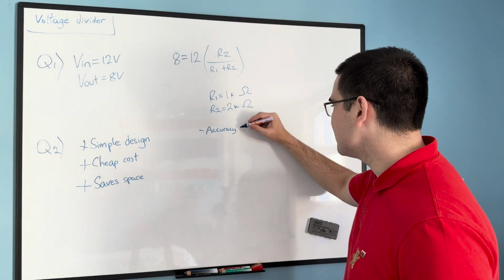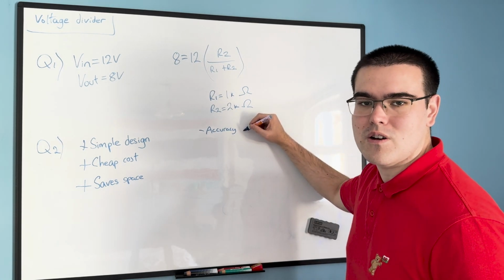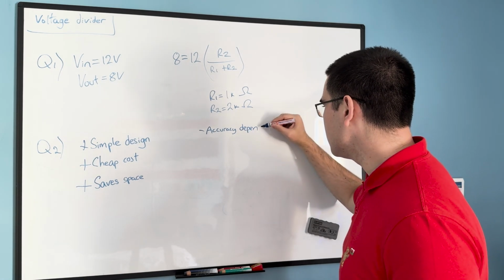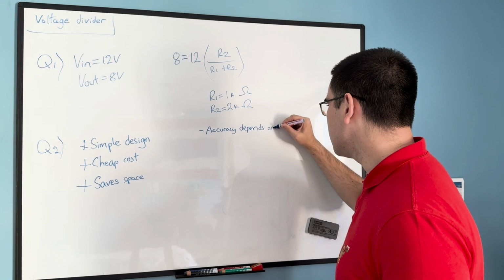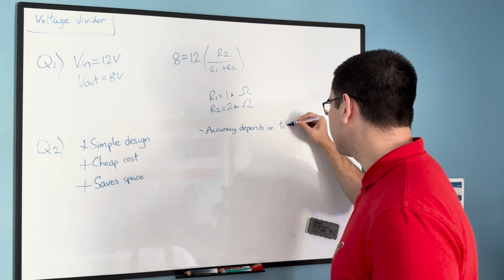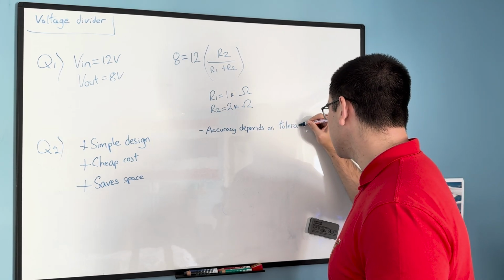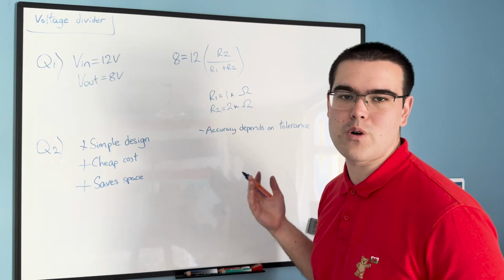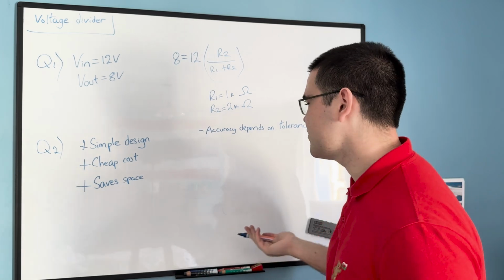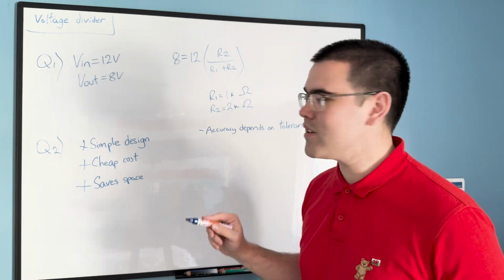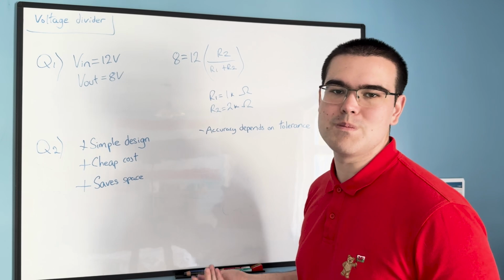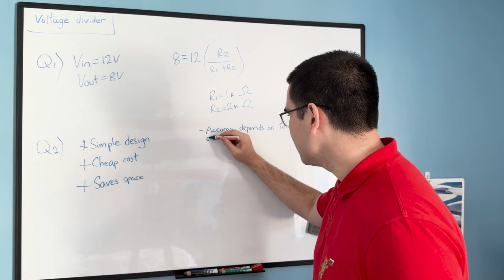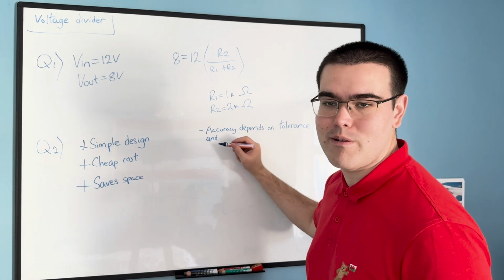But that's what I'm trying to say, it depends on the tolerance, the accuracy. As well as the temperature. The temperature can also have a role in affecting the resistance of the resistor, but more often than not, you can forget that. But it's something that you should be aware of.